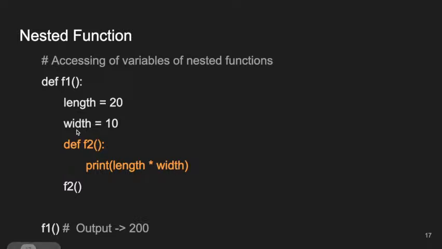At the end of the definition of function 2, we're calling it, so that when you call function 1 elsewhere in your program, it would come here, assign length, assign width, then check the function 2 definition and say, oh, length times width, we have to print that, so you get an output of 200.